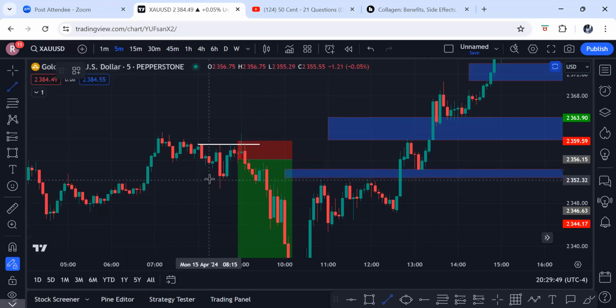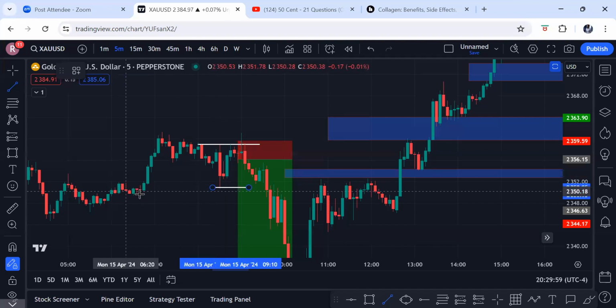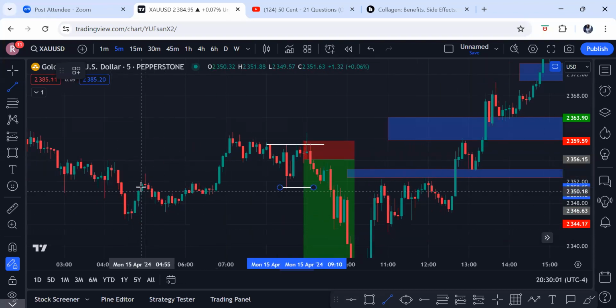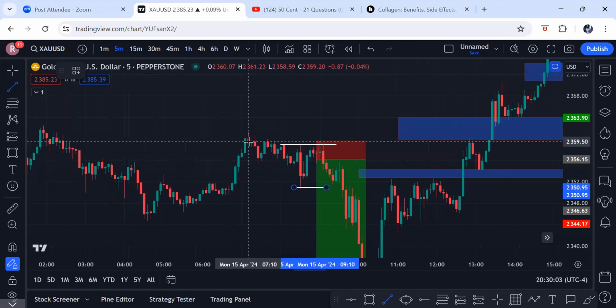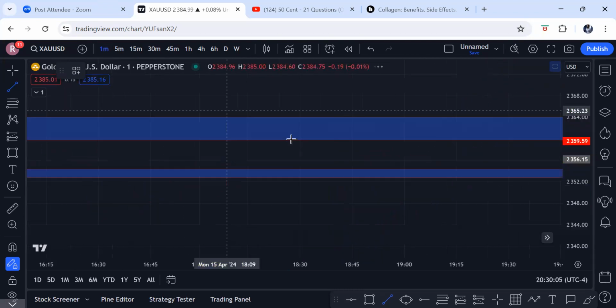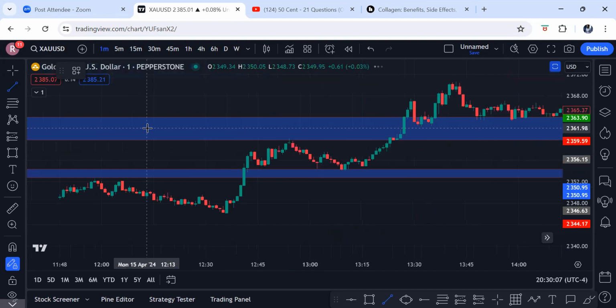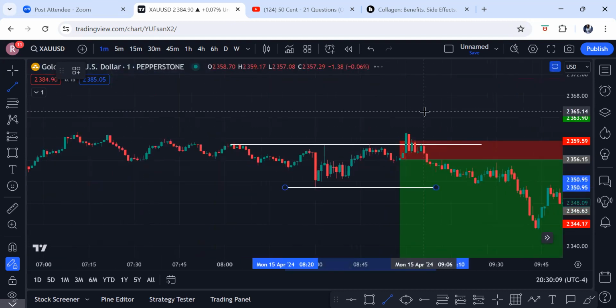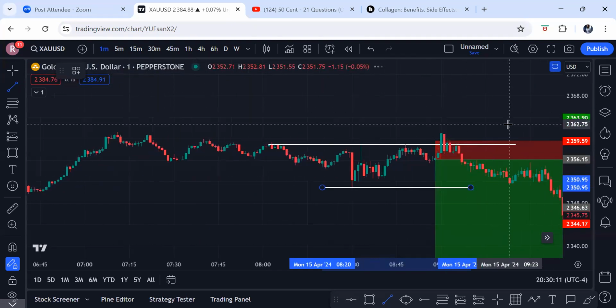It's like if this was our lower, higher low, all right. Then the market was trading up. Because remember, let me come down. This was taken on a 1 minute perspective, right?